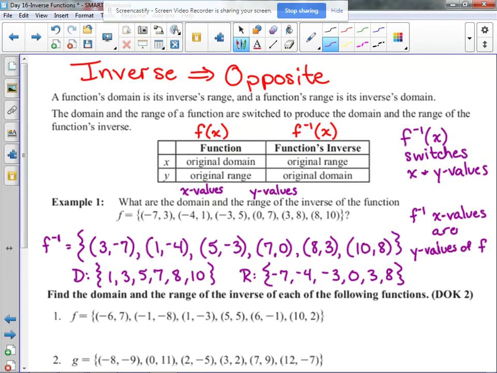And the same is true about the y values. Okay, so I'm going to put domain above x values, range below y values. Okay, so f inverse x values are y values of f. The domain of f inverse is the range of f.